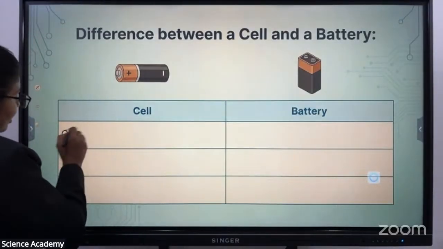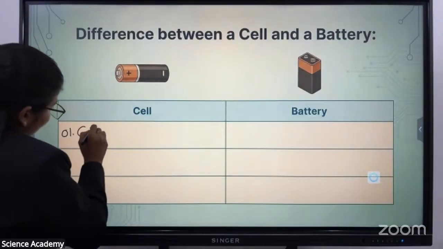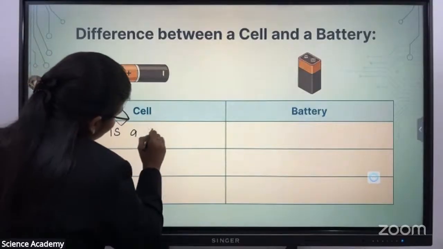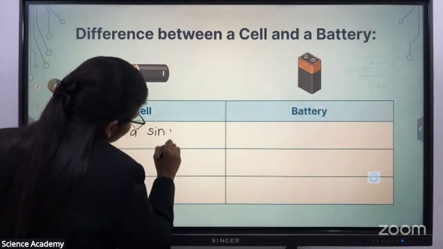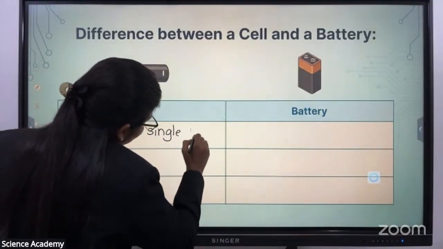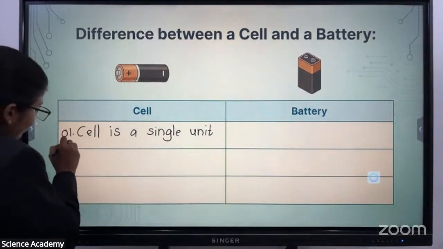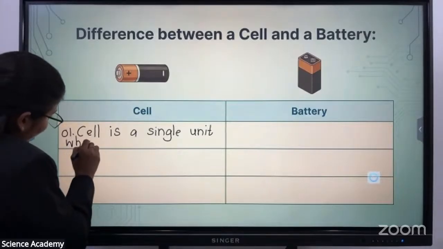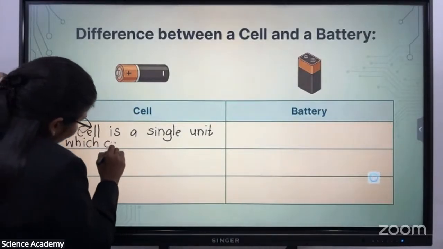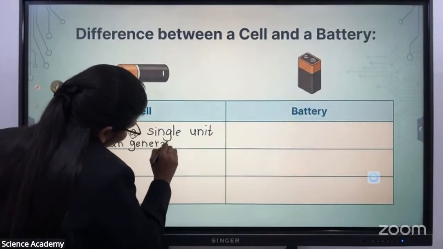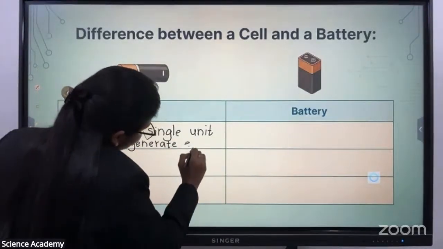Cell: a single unit which can generate electricity.